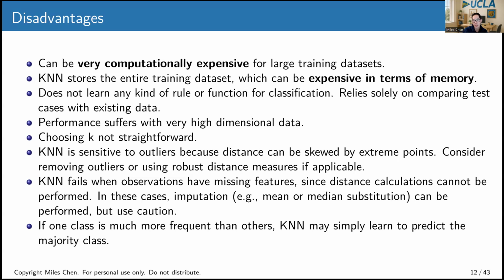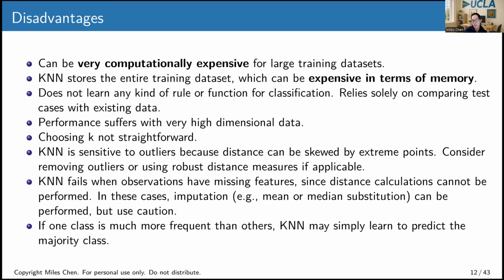Okay. High dimensional data also causes more problems. Choosing what value of K isn't necessarily straightforward and a lot of times requires trial and error to figure this out. Okay. It's also sensitive to outliers because your distance measures can be skewed by extreme points. And if you have anything with missing values, you're not going to be able to use that in your training data, or you're not going to be able to figure out the classification if it's in your test data.